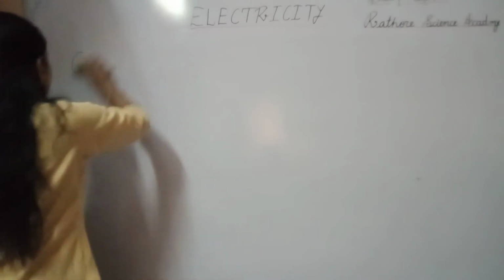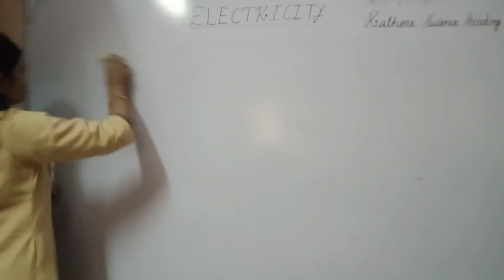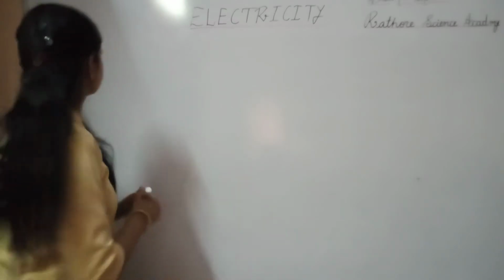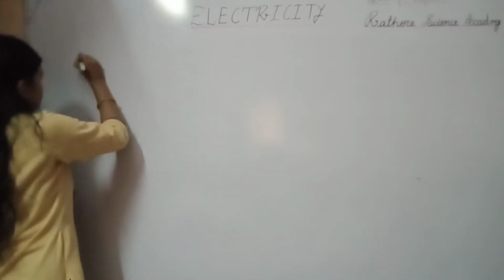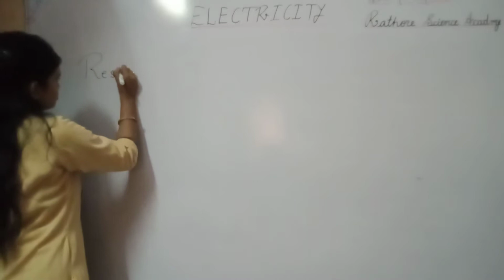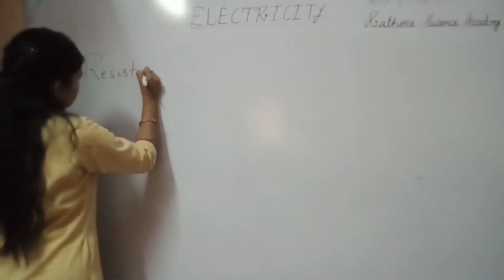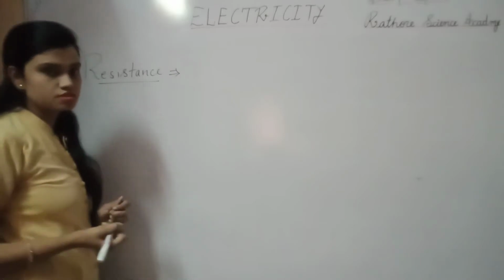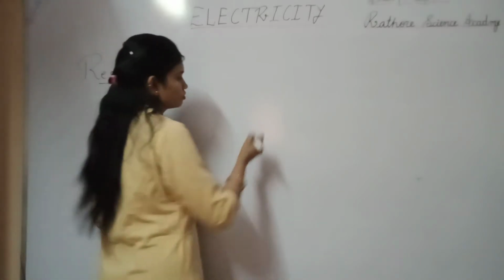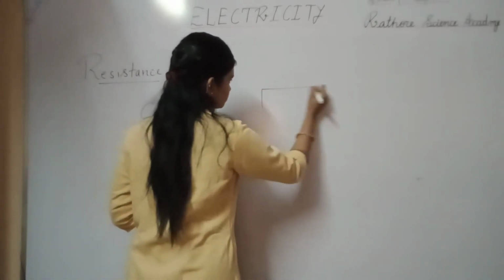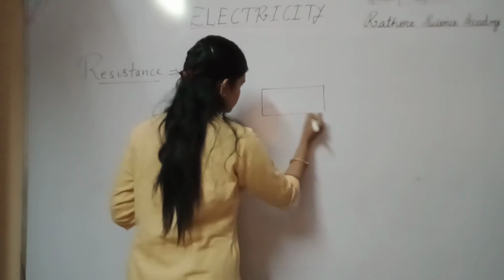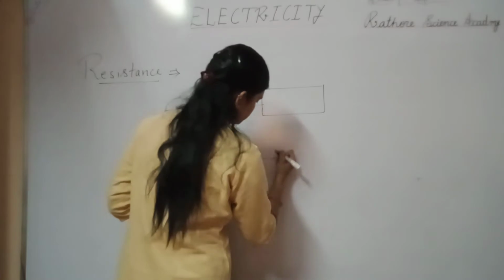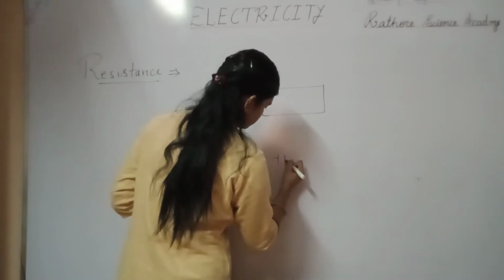Remember, Ohm's law is a very important law, so remember that law. Resistance. What is resistance? To understand resistance, let us see a conductor, the same way which we discussed in our previous video.